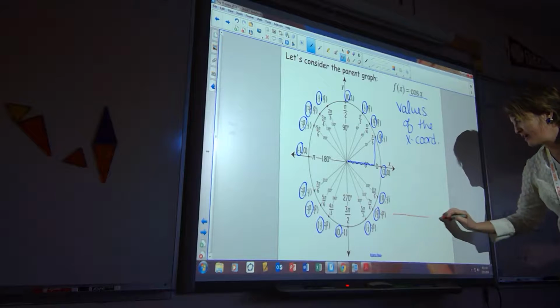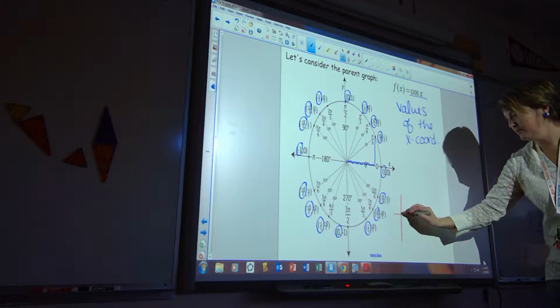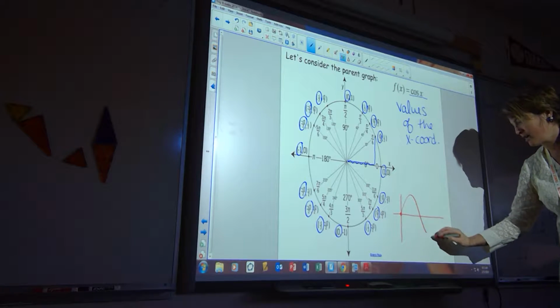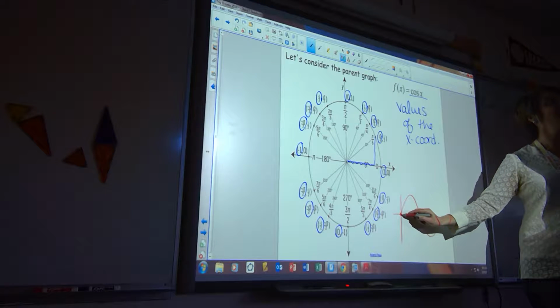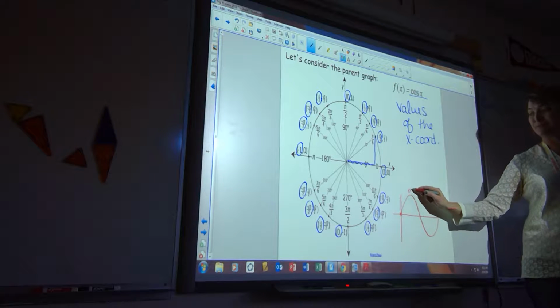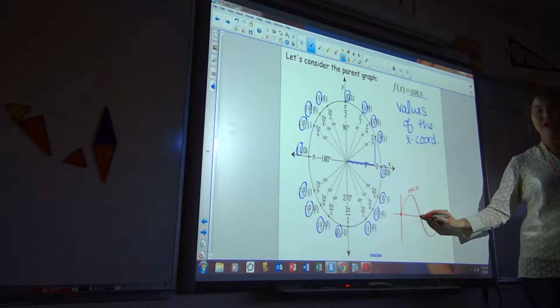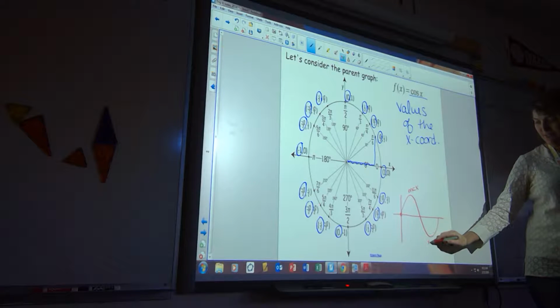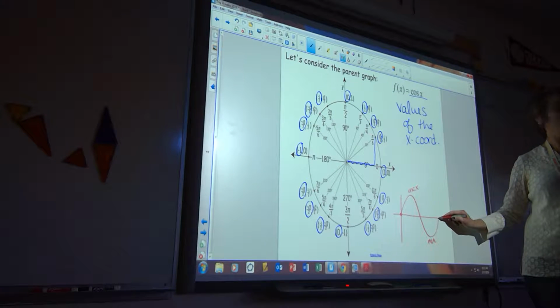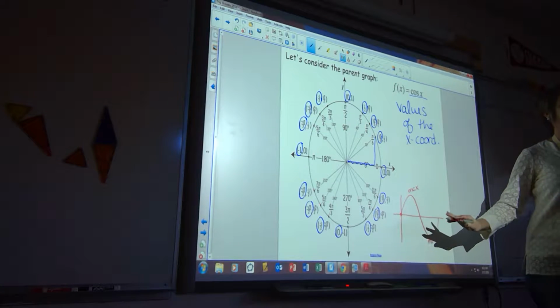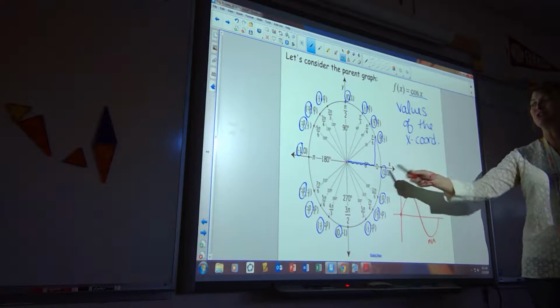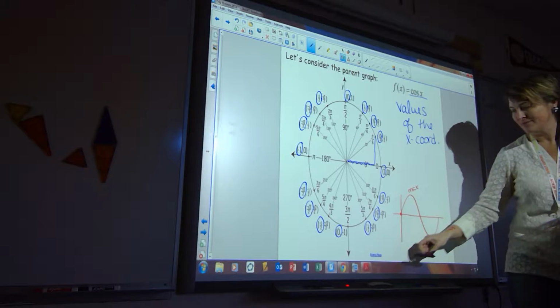So let's think about the sine curve, since we talked about that yesterday. The sine curve starts at 0, goes to its max, goes back to 0, goes to its min, and then goes back to 0. So that's its order. The cosine curve starts at its max.